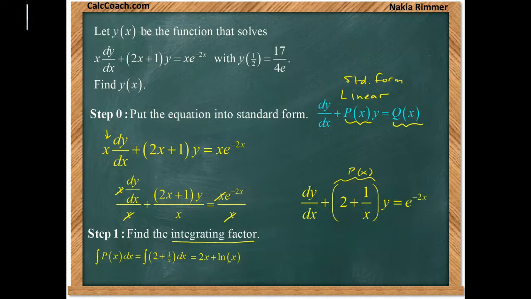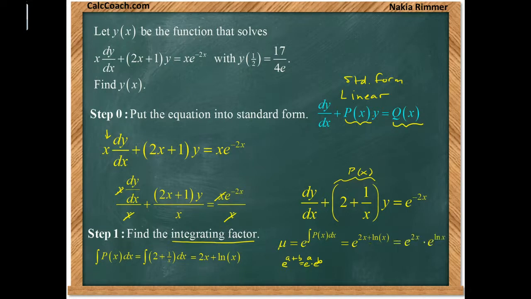The integrating factor uses the Greek letter mu, and it is e to the integral of p of x dx. So it'll be e to the 2x plus the natural log of x. And next we'll employ a property of e, or any exponential: e to the a plus b is e to the a times e to the b.